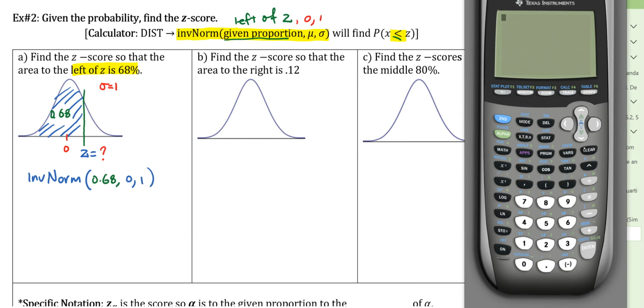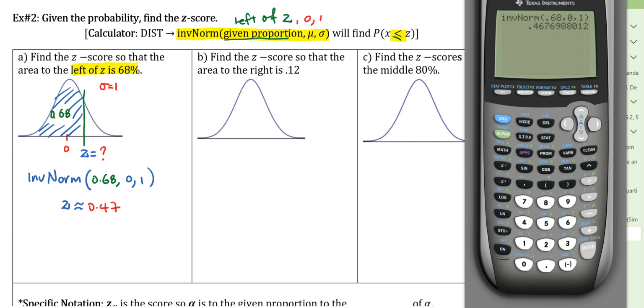On your calculator, go to distribution again, which is second vars. Notice that number 3 is inverse norm. So I could just do number 3. The area given on the left here is 0.68, and 0, 1 is my mean and standard deviation for standard normal. And that is approximately 0.47. Notice that for a z-score, I keep 2 decimal places.